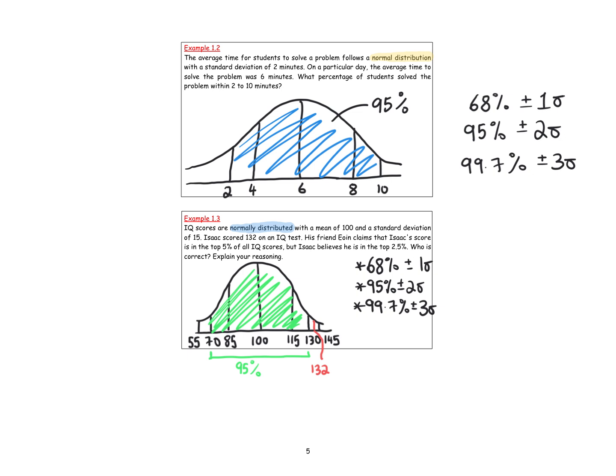Meaning that either side will have 2.5% of the population, as the 2.5% will add together to give us the 5% that needs to be added together to give 100%. Therefore, the 132 is after the 130, meaning that it's in the top 2.5%. Therefore, Isaac is correct.